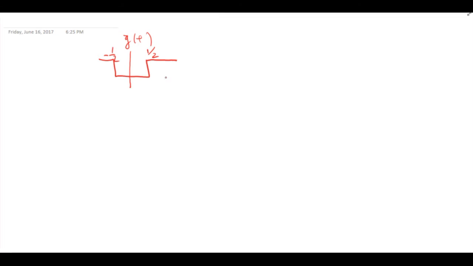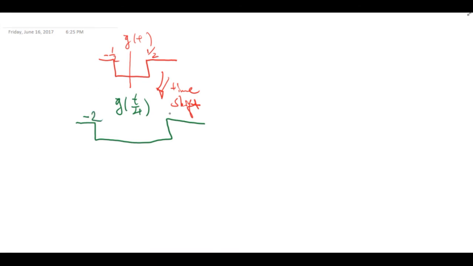Then with the first scaling, I made it into g(t over 4). That means it's going to expand by 4 times. So the waveform will become, by 4 times, minus half will become minus 2, and positive half will become positive 2. The neutral axis is still here. So we've got this one.